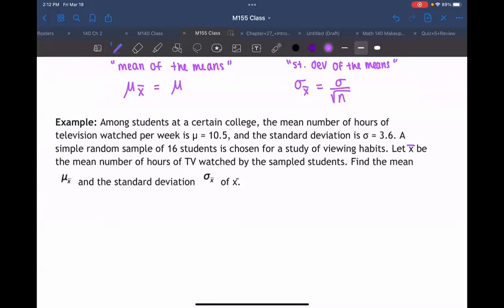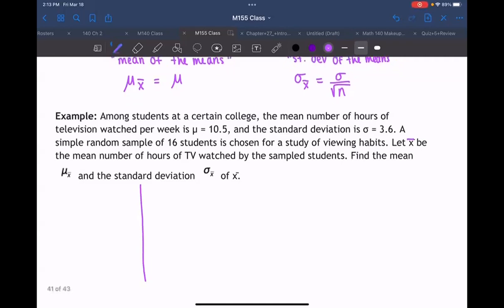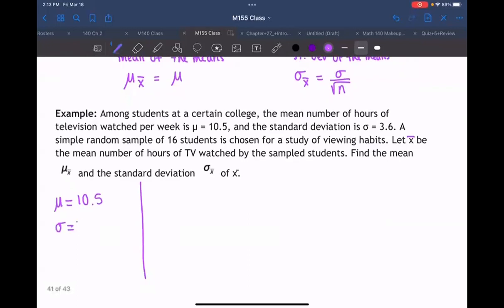We want to find the mean of the means and the standard deviation of the means. Over here on the left, I'm going to write everything I've been given from the problem, because this prevents me from messing up later. The problem gave us that mu, the mean, is equal to 10.5, and that sigma, the standard deviation, was 3.6. On the right-hand side, let's find the new mean and the new standard deviation.